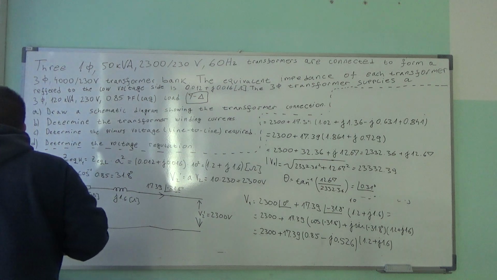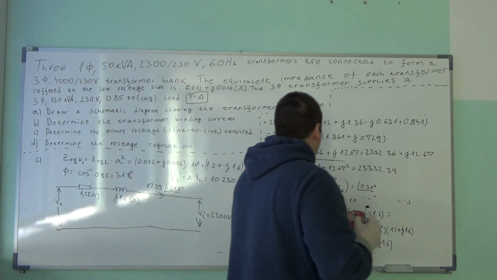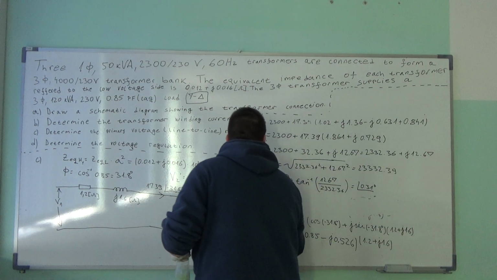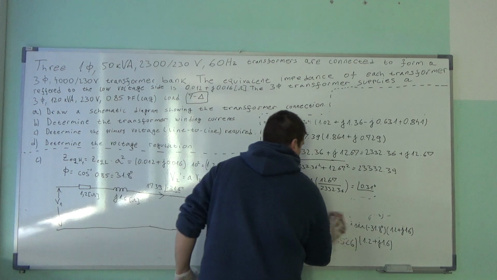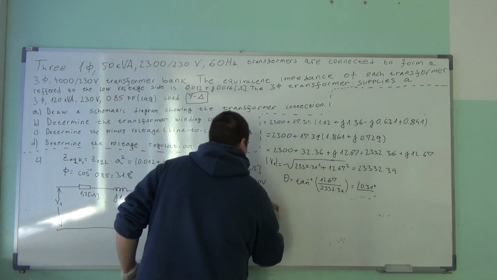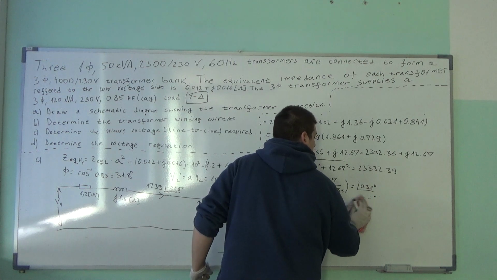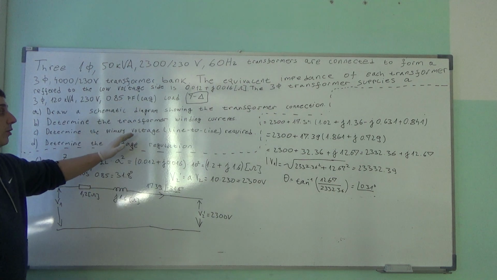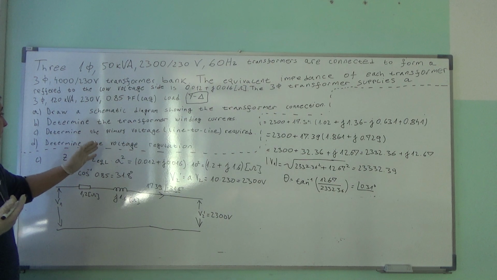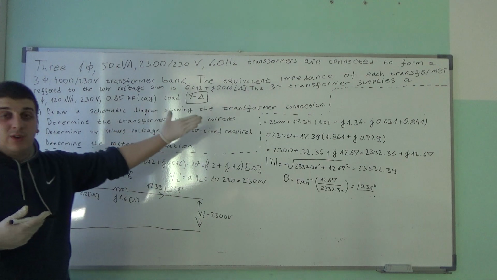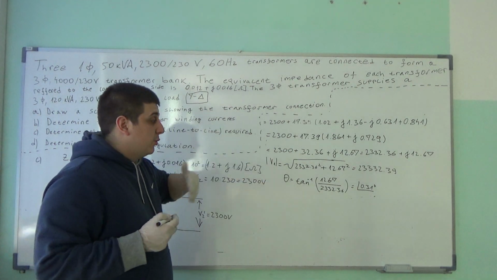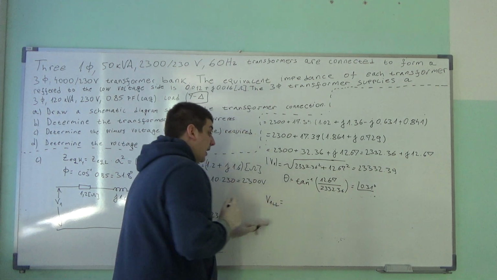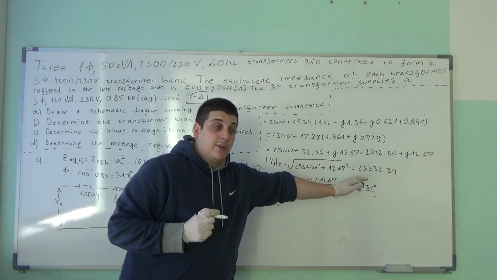Now, because on the primary side we have a Y connection, it says what is the primary voltage line to line required. Well, this was the phase voltage, so the line-to-line voltage is equal to square root of 3 times this.